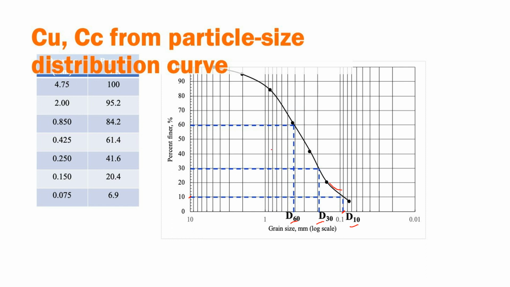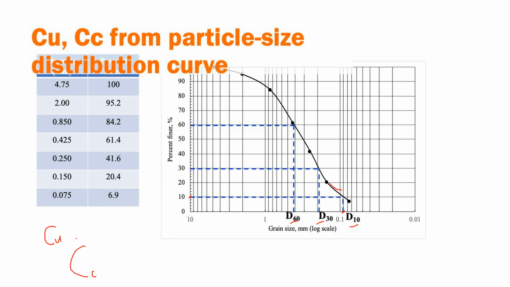Another primary use of these values is that they help you find two parameters called Cu and Cc, that is coefficient of uniformity and coefficient of curvature. These terms help you classify the soil as well graded, poorly graded, or gap graded.